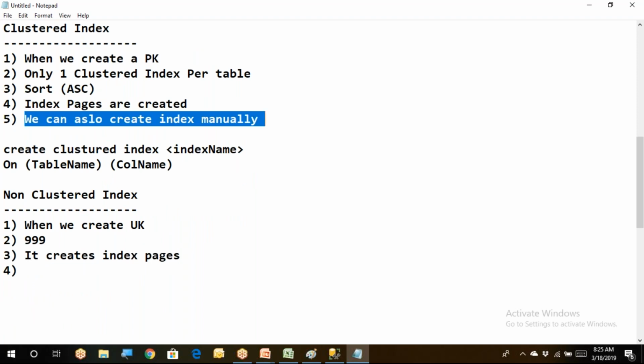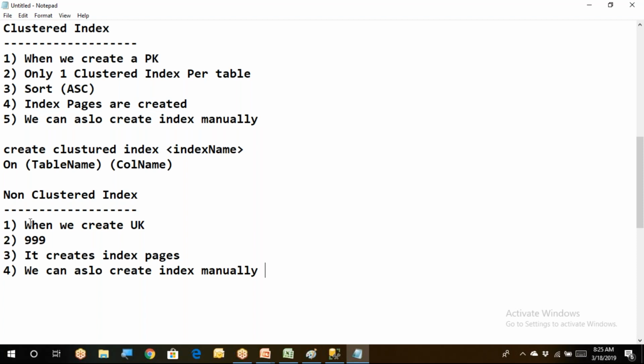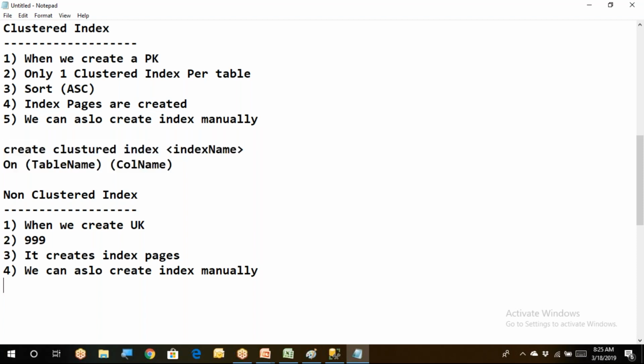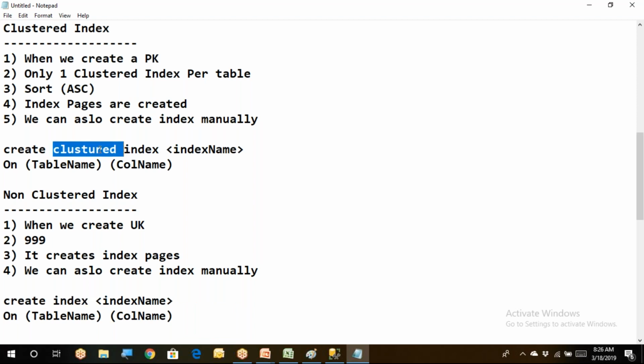So simply you use the same syntax here, but you remove the word clustered. When you simply say create index, it is non-clustered by default. Only for a clustered index do you need to say clustered. So: create index, index name, on the table name, and the column name.